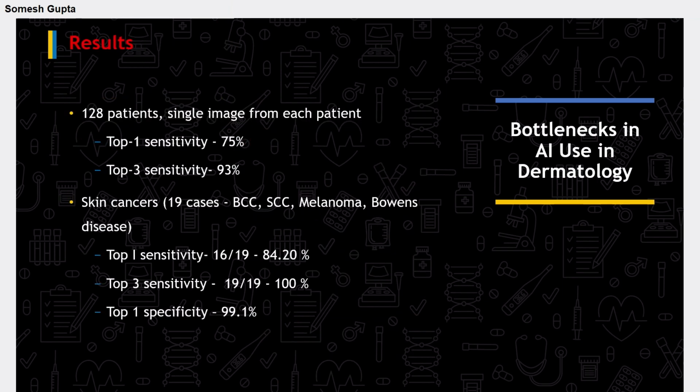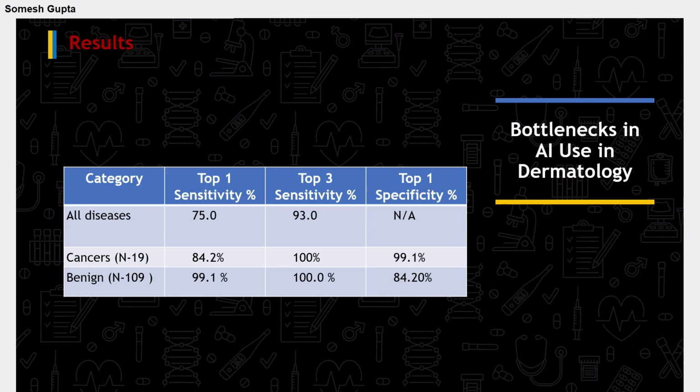Out of 128 patients, a single image from each patient was used, and we found top 1 sensitivity was 75% and top 3 sensitivity was 93%. But more importantly, for skin cancers the sensitivity was much better, that is 84.2%, and 100% for top 3 sensitivity. So this means that skin cancers are easy to detect using an algorithm.